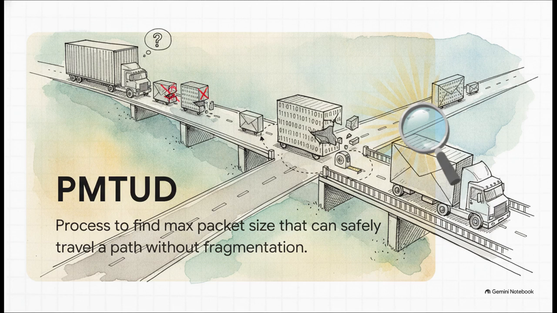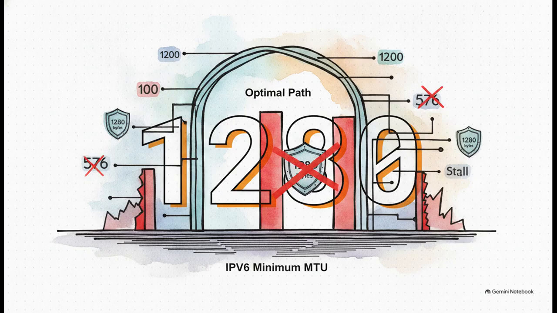Think of it like a trucking company mapping out all the low bridges on a route before they dispatch an oversized load. Now, speaking of sizing up the network, I need you to burn this number into your brain right now. 1280. In IPv6, 1280 bytes is the absolute, non-negotiable minimum MTU.